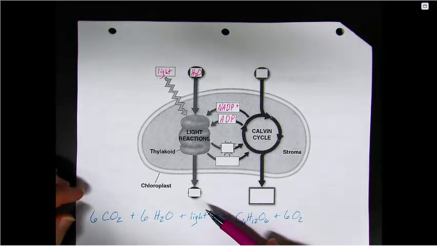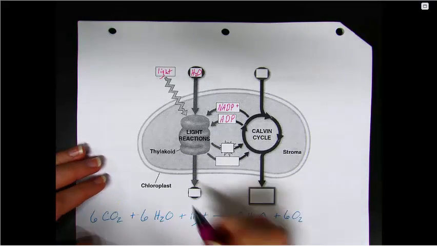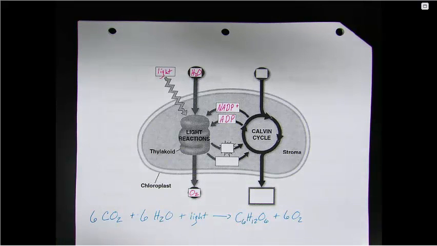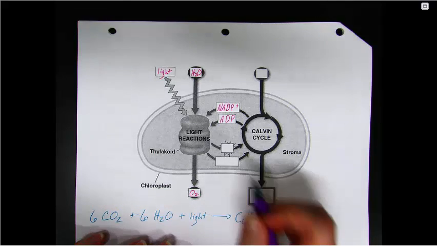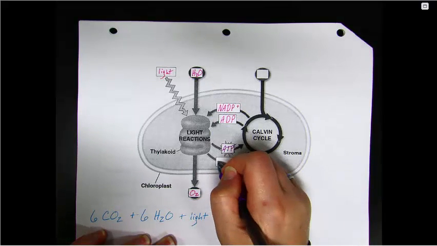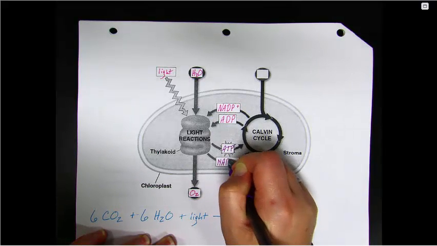So these all go into the light reactions. At the end of the light reaction, we produce a little bit of oxygen. We also produce some ATP and some high energy NADPH.